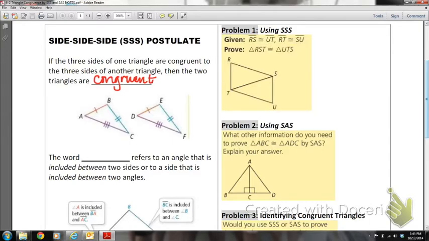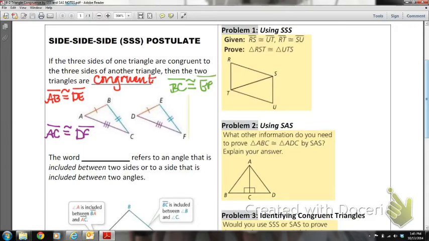In this particular diagram, we have side AB is congruent to side DE, and we have side AC is congruent to side DF, and we have side BC is congruent to side EF.